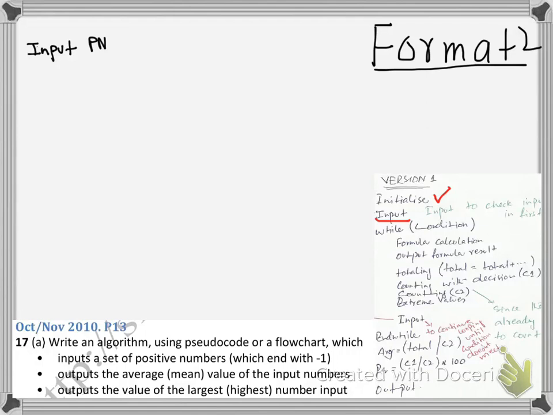Alright, input positive number. Then what your format says, while condition is something that we have to determine from our question. So the condition says positive number which ends with -1. So let's see how do we put it.